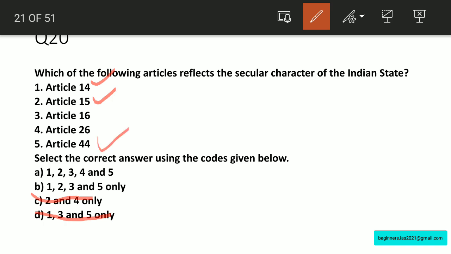We have to think about 4. Article 16, yes, this Article 16 provides equal public employment opportunities irrespective of religion. Therefore, this is also right. The answer for question number 20 is A, 1, 2, 3, 4 and 5.